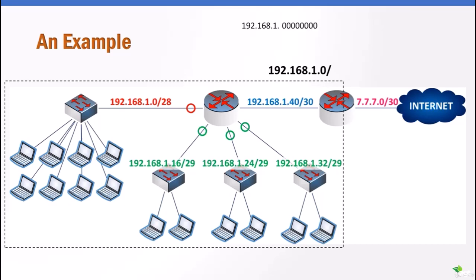Okay, so here we have all zeros, and this is our definite network portion if the mask is /24. But then this value is 43 in decimal format. And in order to create a summary subnet or a summary IP address, we need to look at all of the bits that are the same in all of our subnets.